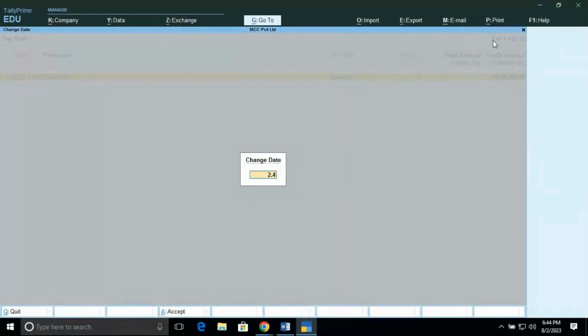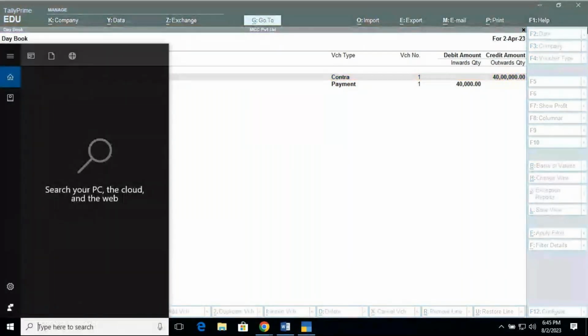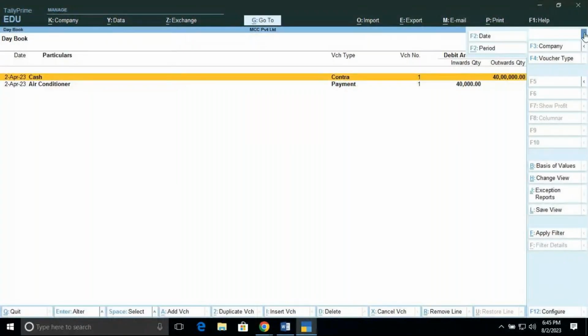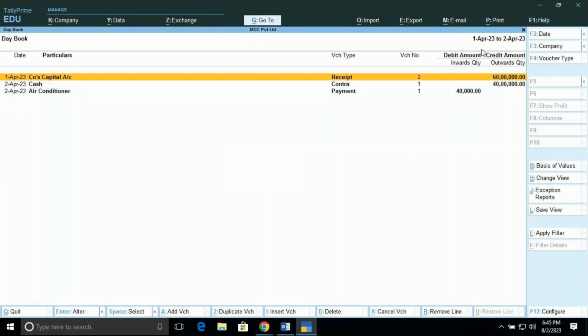It will show only the 2nd April transactions. But I started recording from 1st April. So for that, you have to go to period, Alt F2. See here, period: 1-4 to 2-4. So it will show me all the transactions.